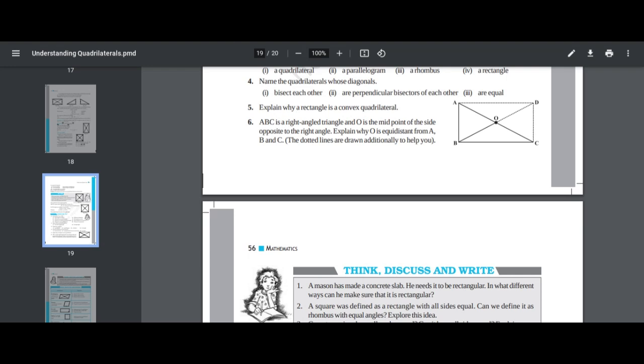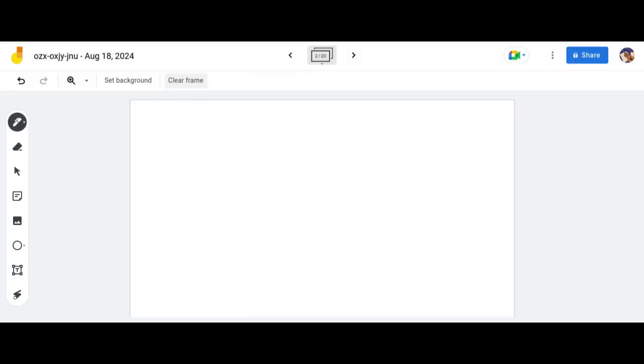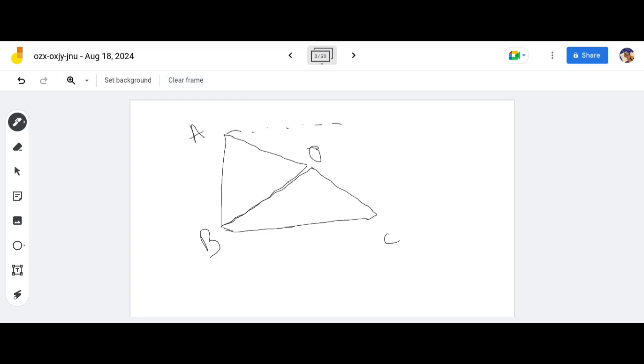The dotted lines are drawn just to help you understand the picture. So this is O, this is A, this is B, this is C. They extend it and put dotted lines, so there is a D.